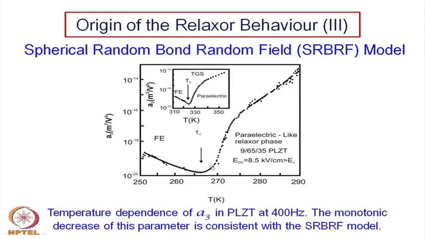The A3 has been plotted here. This A3 parameter of PLZT at 400 hertz shows a monotonic decrease, which is consistent with the SRBRF model.